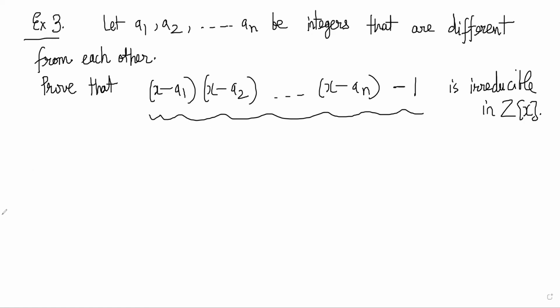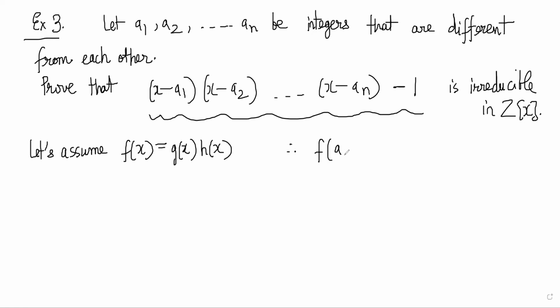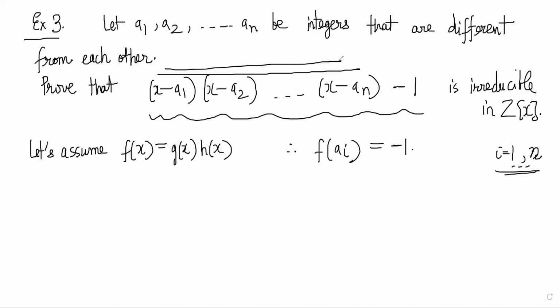So let's assume f(x) is equal to the product of g(x) and h(x), and g(x) and h(x) are a non-trivial decomposition of f(x). Then we know f(a_i) is equal to -1, where i goes from 1 to n. If you put any of the a_i's here, notice that this part will vanish. So f(a_i) will become -1.